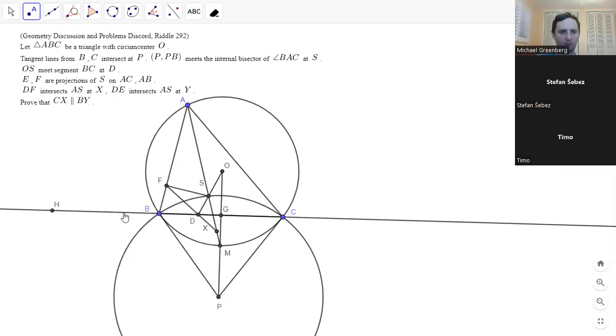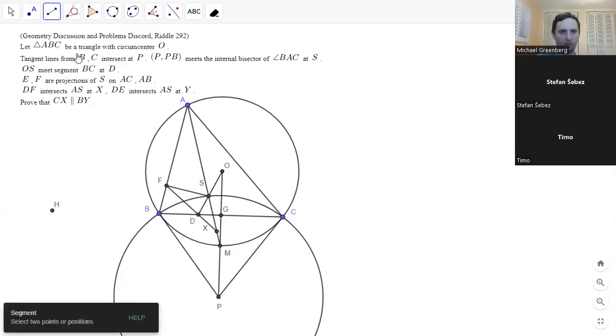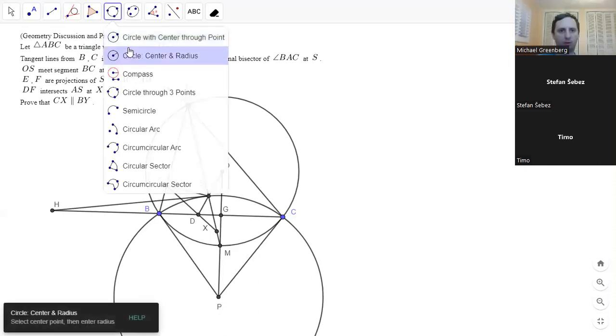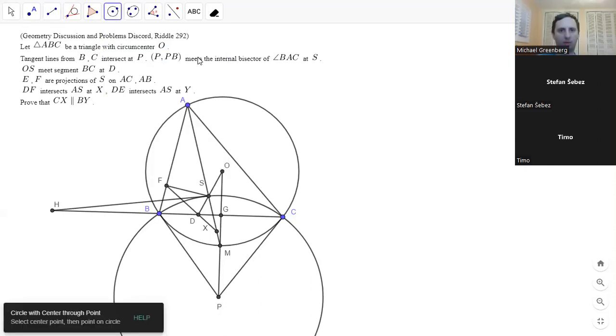All right, and now if we draw in the tangent from H to the circle, the second tangent, not HS.